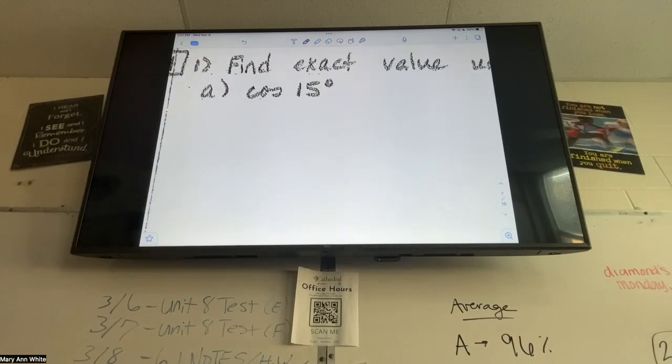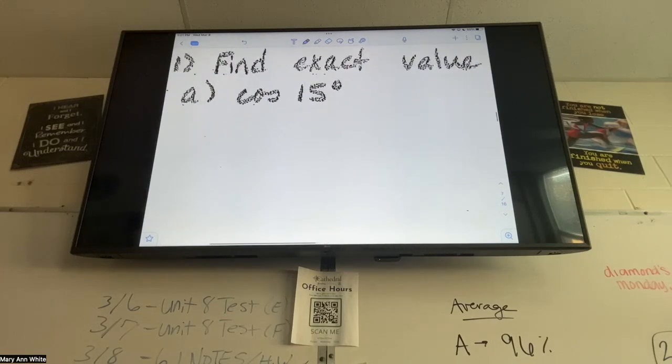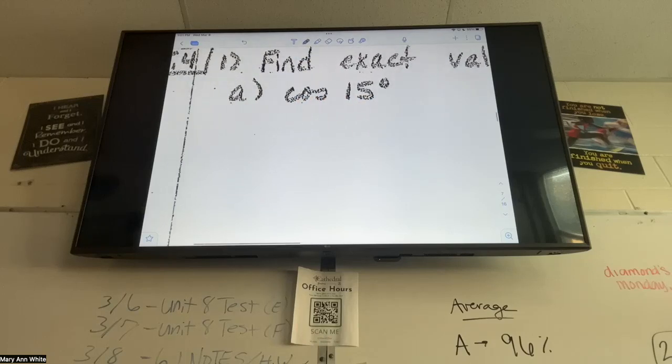Okay. So first one is cosine of 15. Now, before I do anything with this, cosine of 15 is the same thing as cosine of what angle divided by 2? 30. So that means when I go to plug in, my theta or my x is 30.